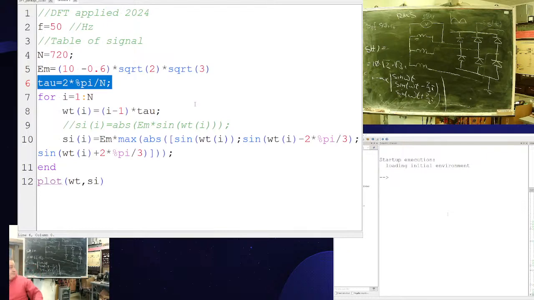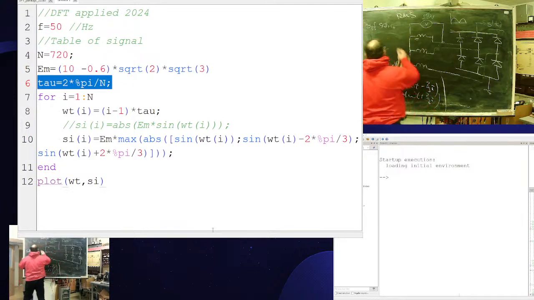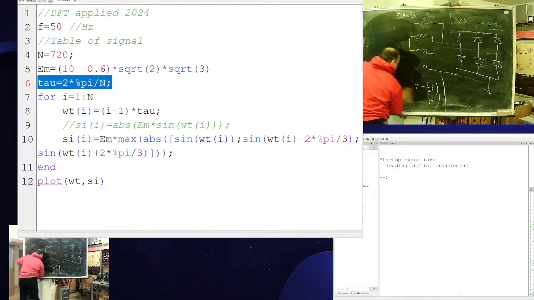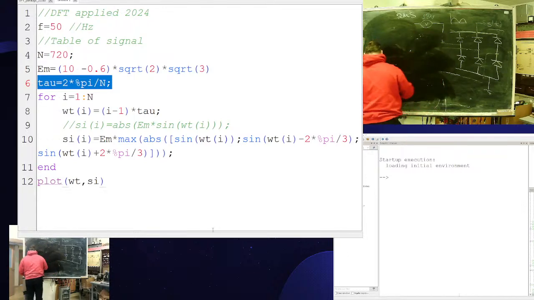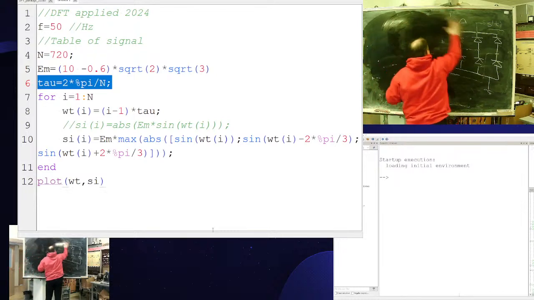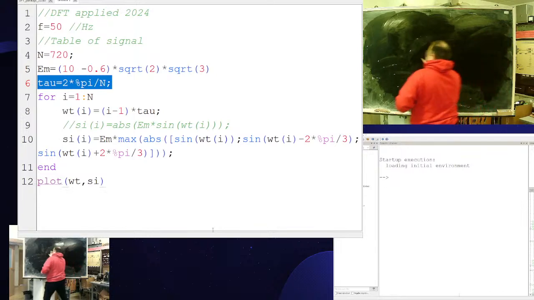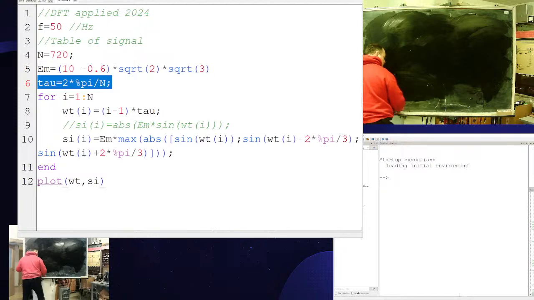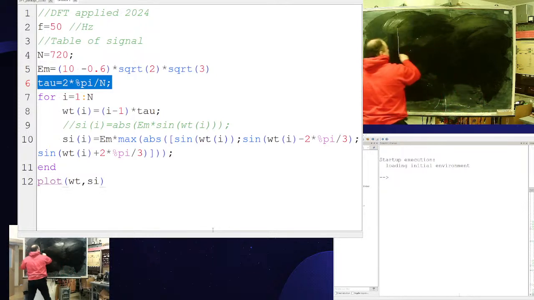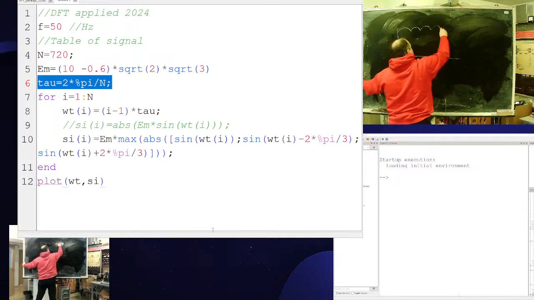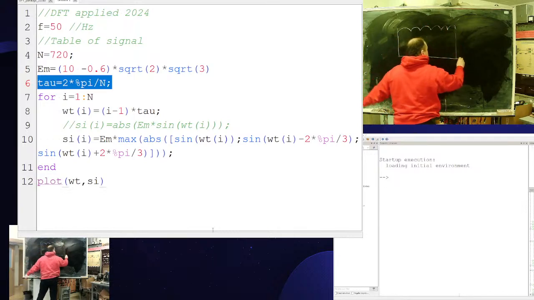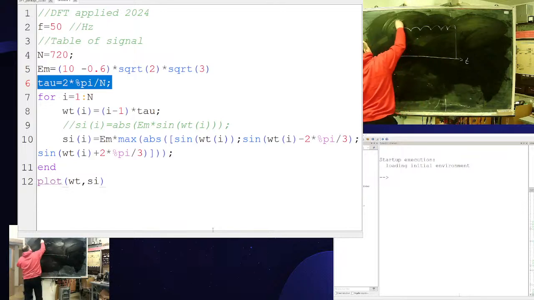Values will go visible. What will I do? Time, my signal.